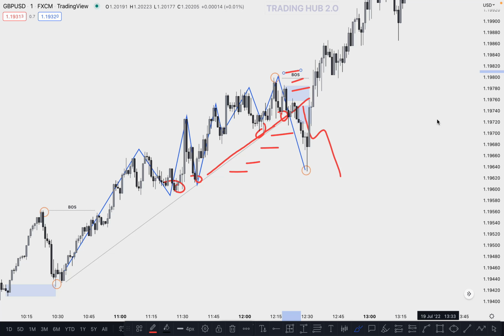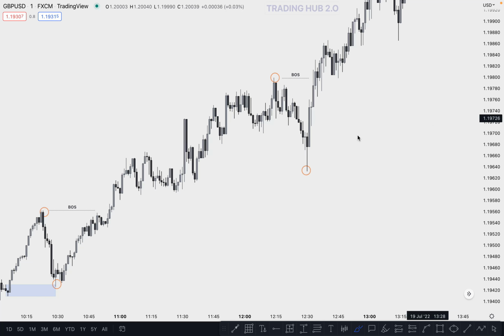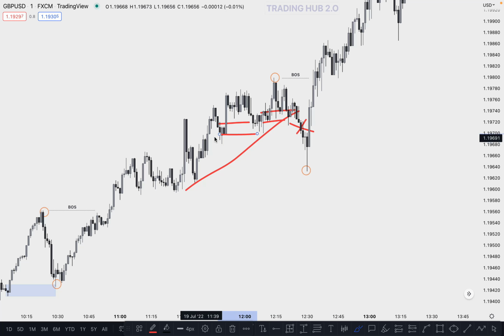I'm going to show you exactly. First they trap these sellers, okay, and then trap the buyers who trade based on this order block and this order block. They put all the stop loss just below it, and these create liquidity.